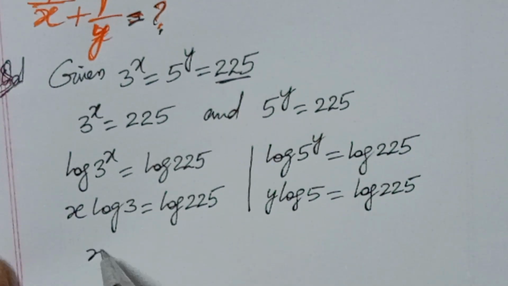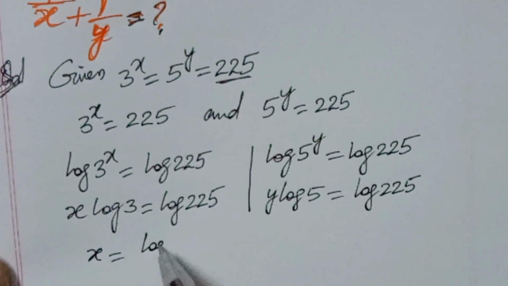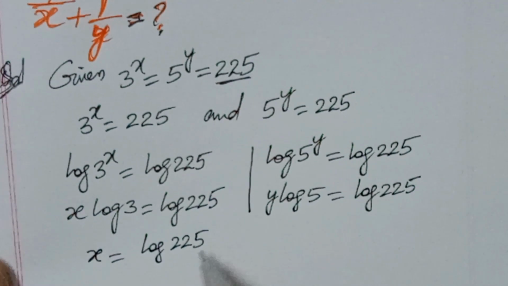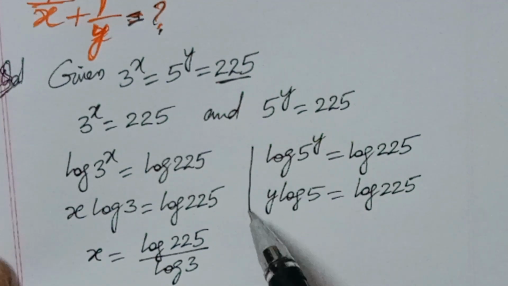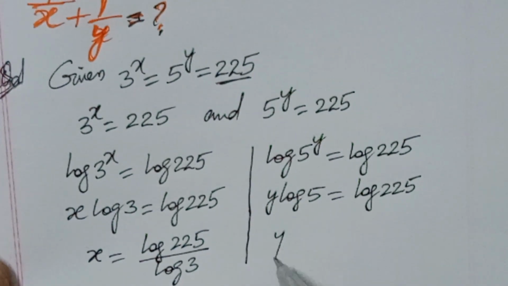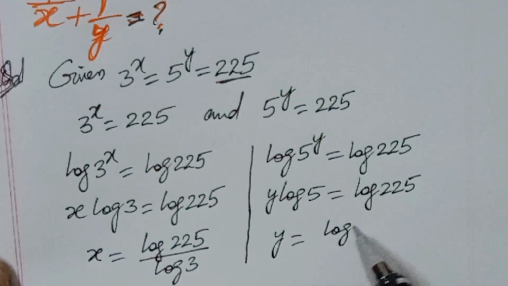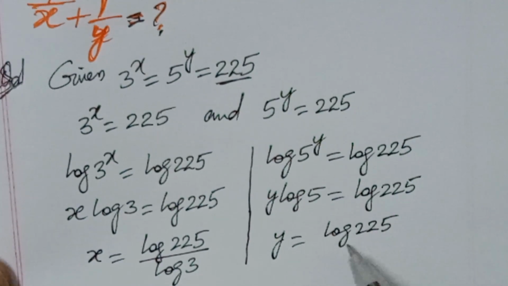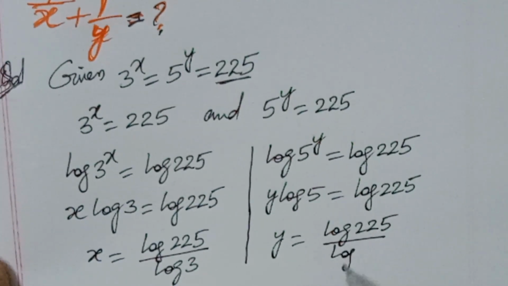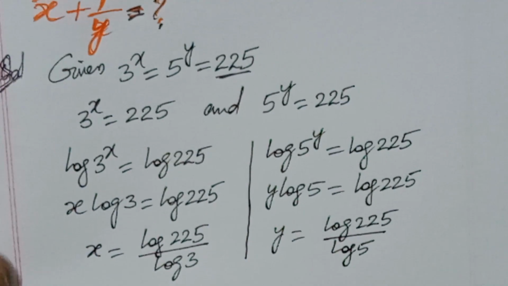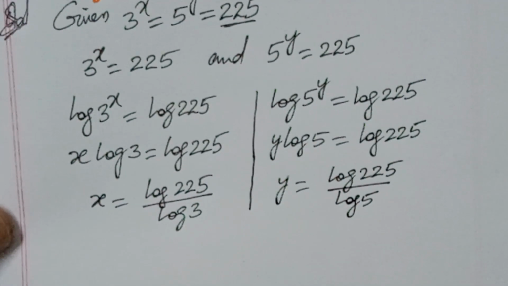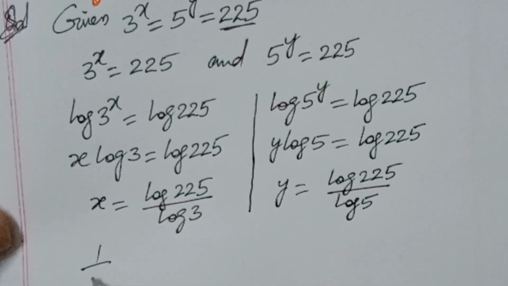Now here x value is log 225 by log 3. Now y value is log 225 by log 5. Now he is asking to find 1 by x, 1 by y value.